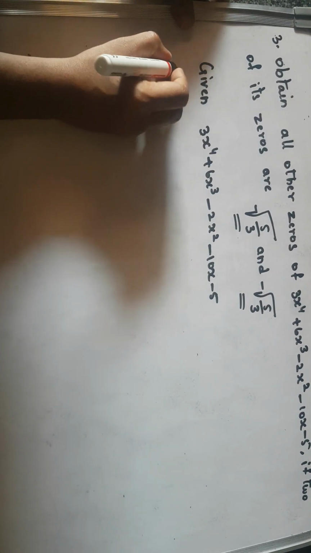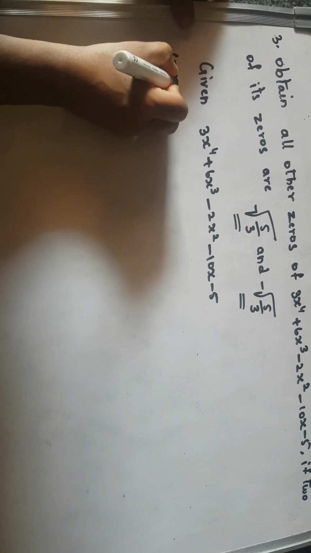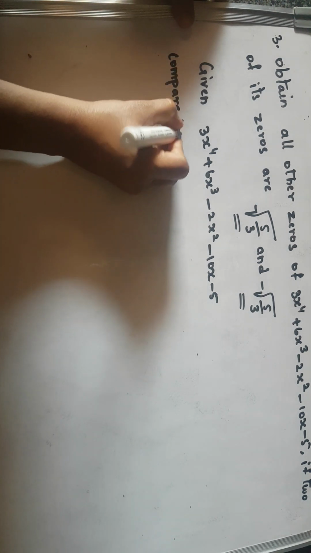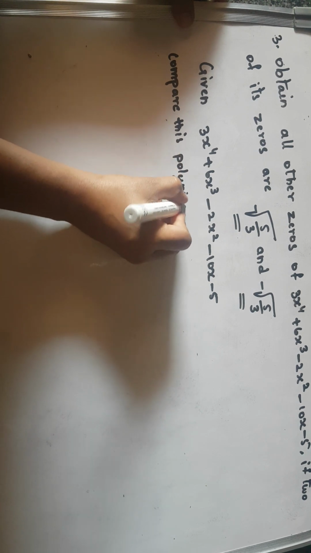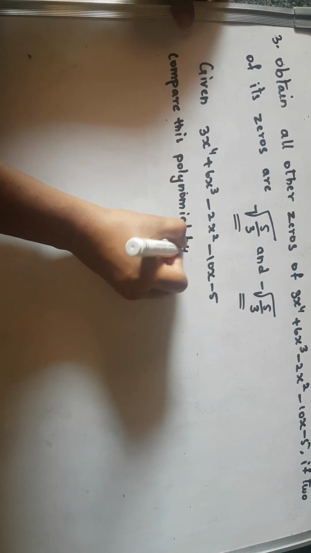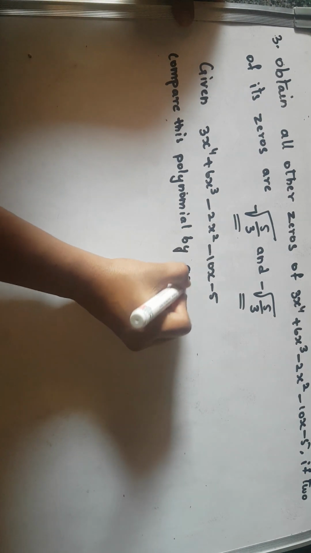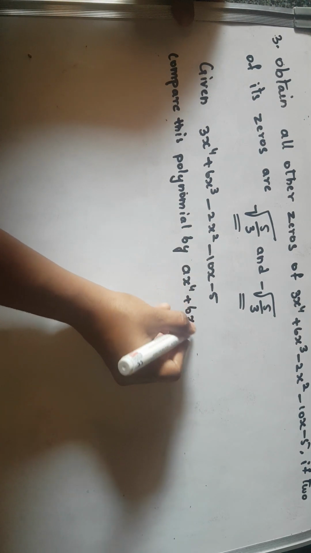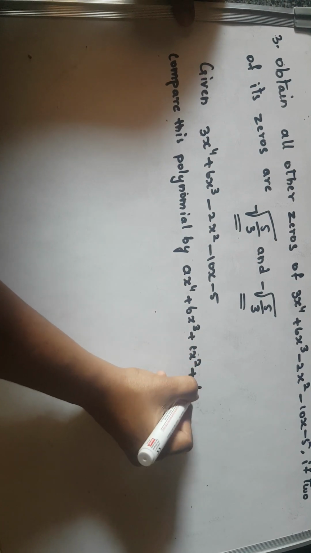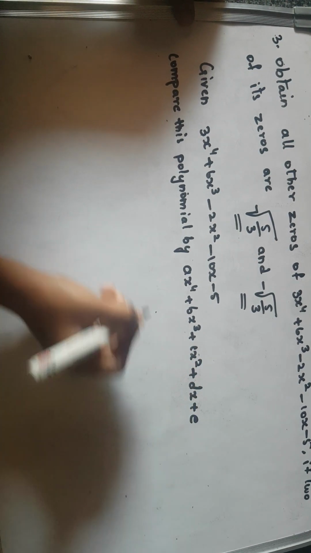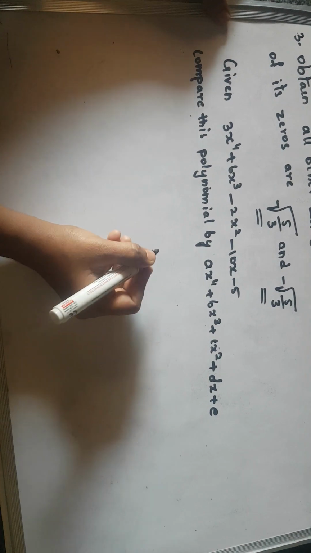Okay, what we have to compare this polynomial by ax power 4 plus bx cube plus cx square plus dx plus e. Okay, compare this polynomial by this.